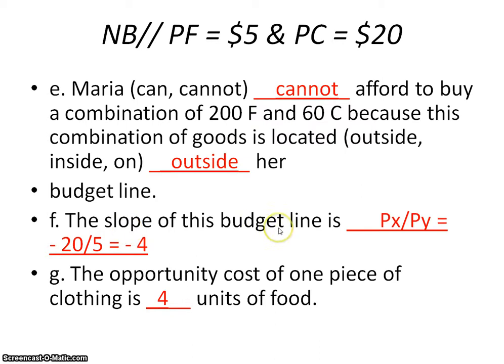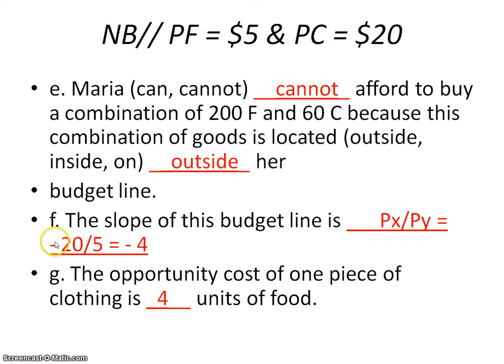What is the slope of the budget line? If you go through your notes again, you would have seen that the slope of the budget line is simply the price of the good on the x-axis divided by the price of the good on the y-axis. The good on the x-axis is clothing, and the good on the y-axis is food. So it is 20 divided by 5.